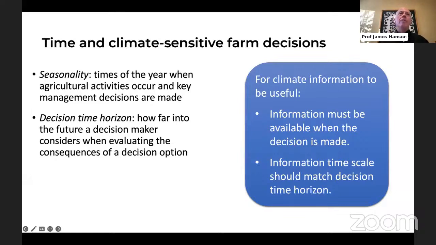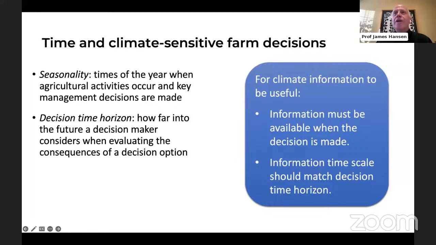If the farmer may plant, for example, sometime between the beginning of June and the middle of July, depending on when rains start, then the seasonality of that decision is at the beginning of that planting window. But that farmer may need a few extra days, a few extra weeks to secure credit, to locate the seeds, and purchase them. So that extends the time horizon.